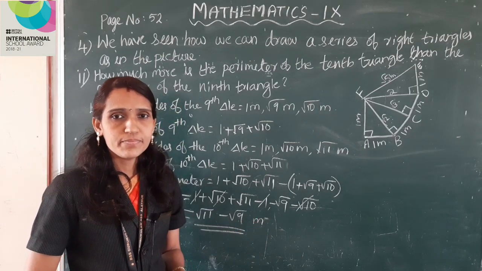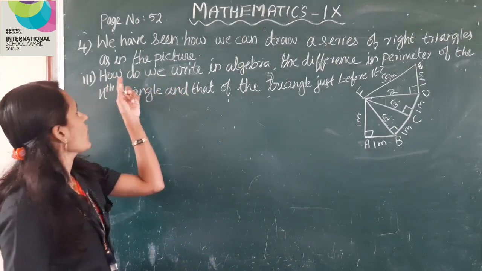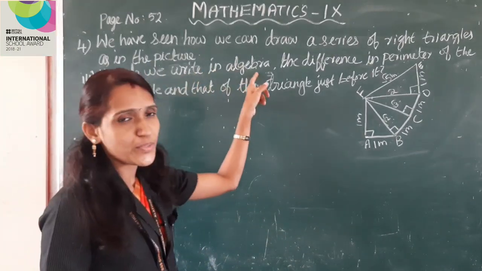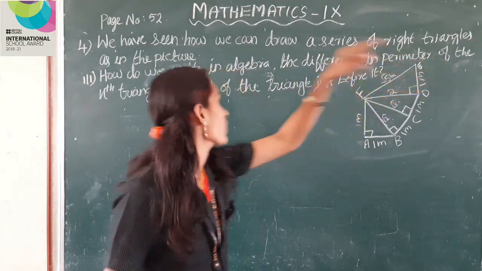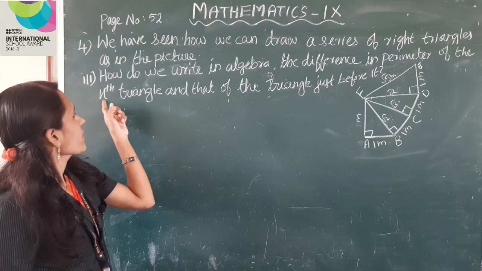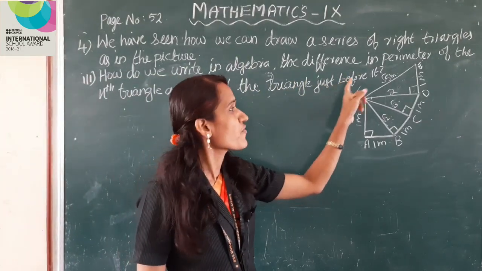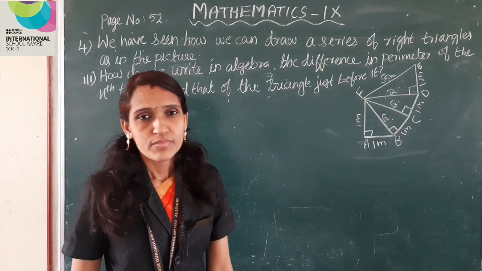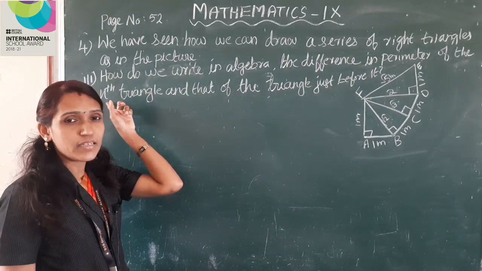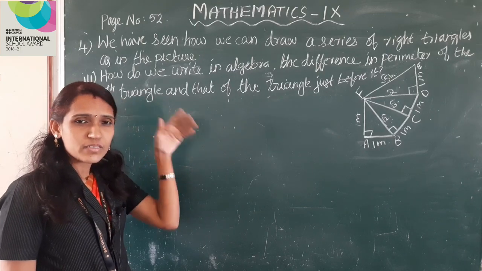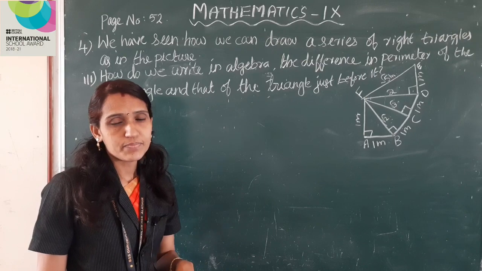Clear children? Next, third sub question. How do we write in algebra the difference in perimeter of the nth triangle and that of the triangle just before it? So here the last triangle is the nth triangle, and just before it is the (n minus 1)th triangle.